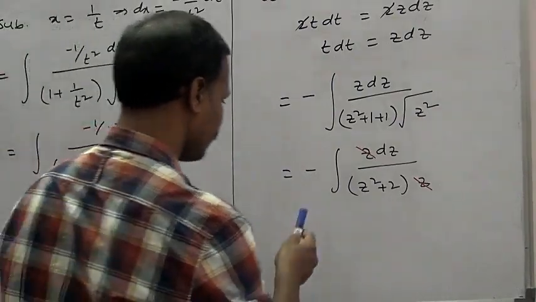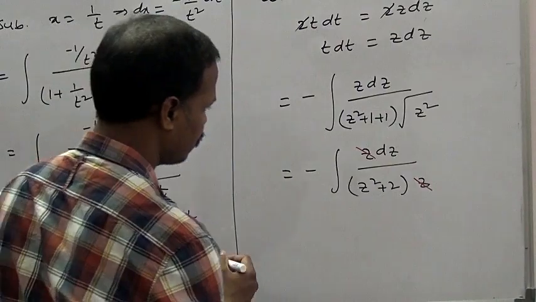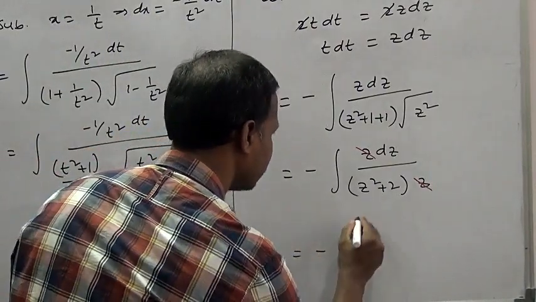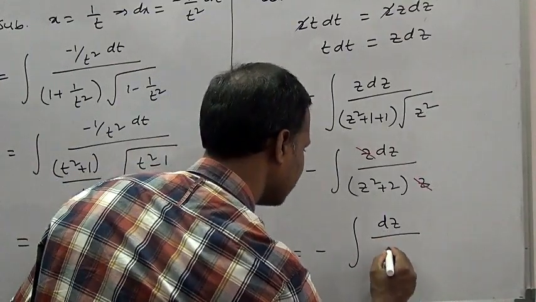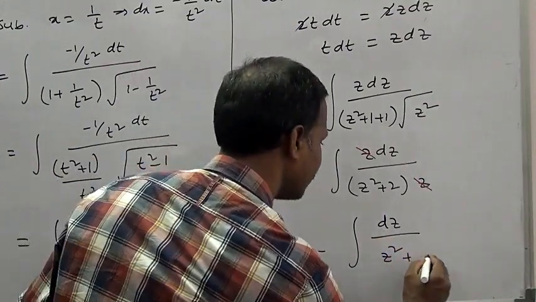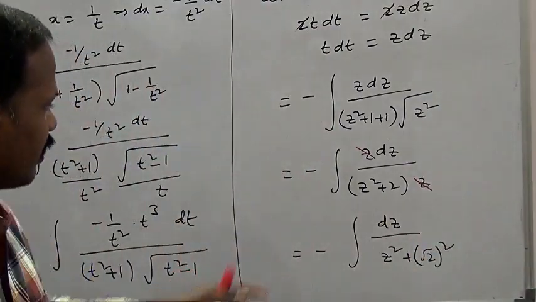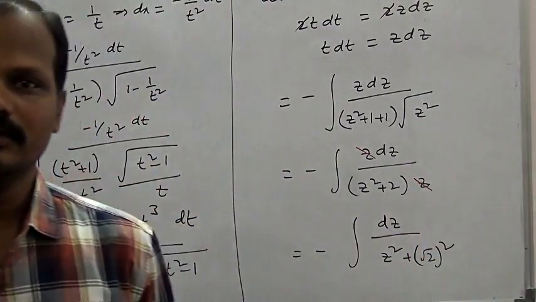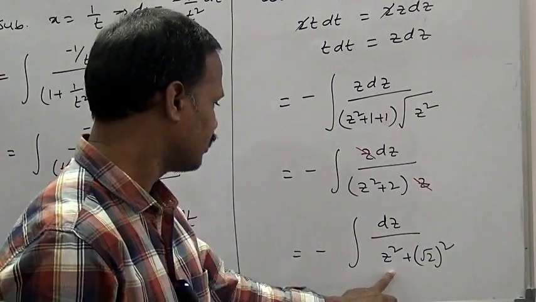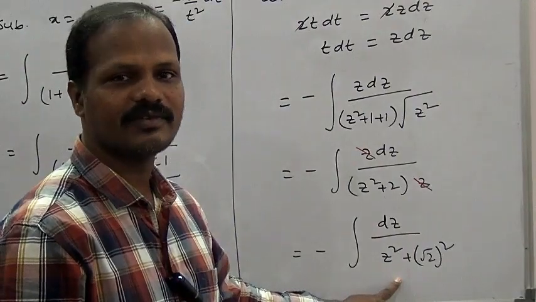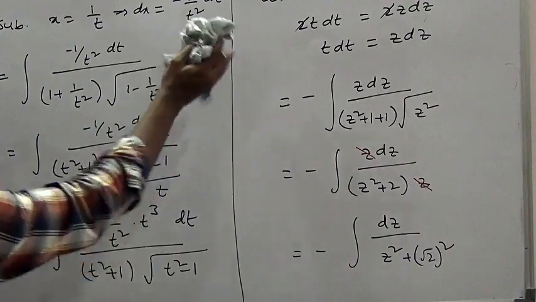Now this is minus integral dz by z square plus 2, which can be written as z square plus root 2 whole square. Now this is of the form integral 1 by a square plus x square dx, which is 1 by a tan inverse x by a.